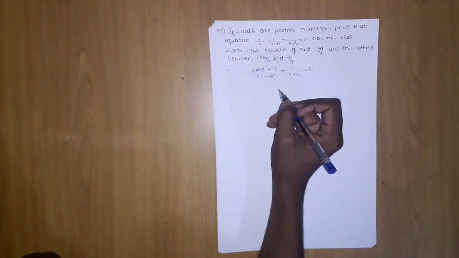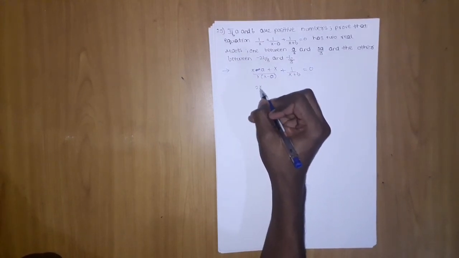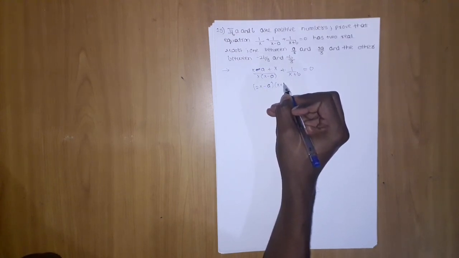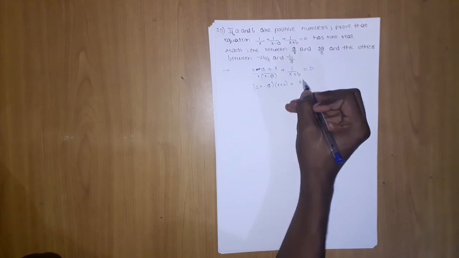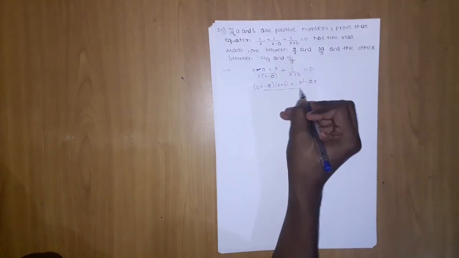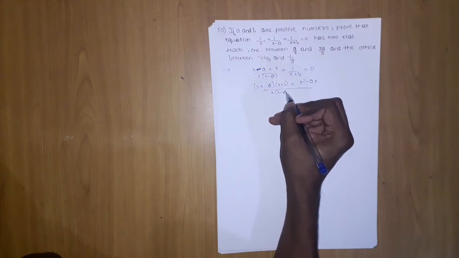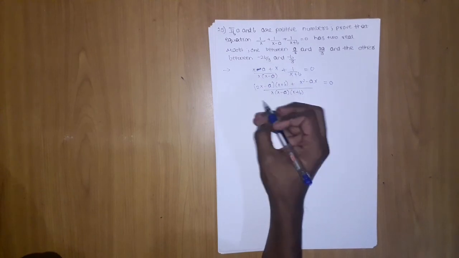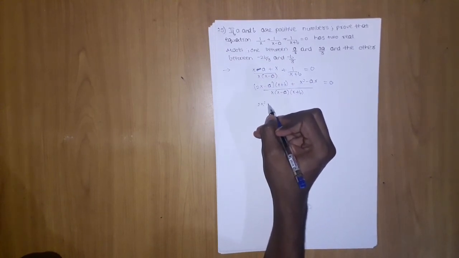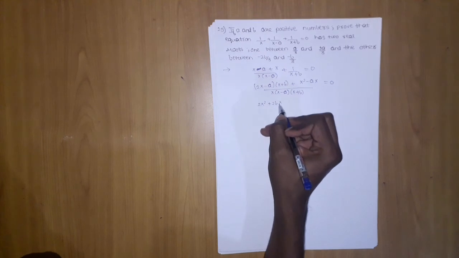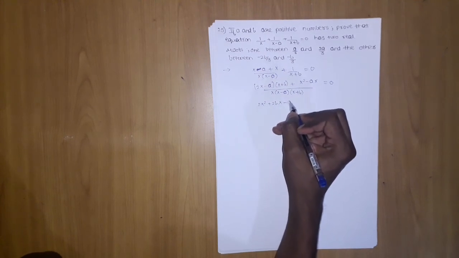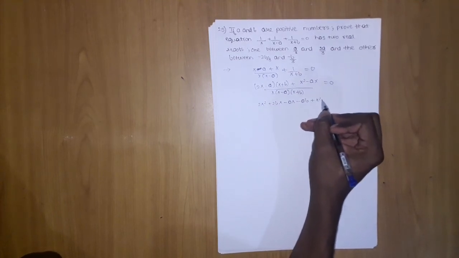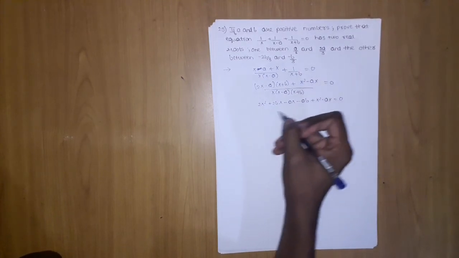Now this will become (2x minus a) into (x plus b), and here it will be x square minus ax upon x into (x minus a) into (x plus b) equal to 0. So what we will get, 2x square plus 2bx, okay, minus ax minus ab plus x square minus ax, it should be equal to 0.